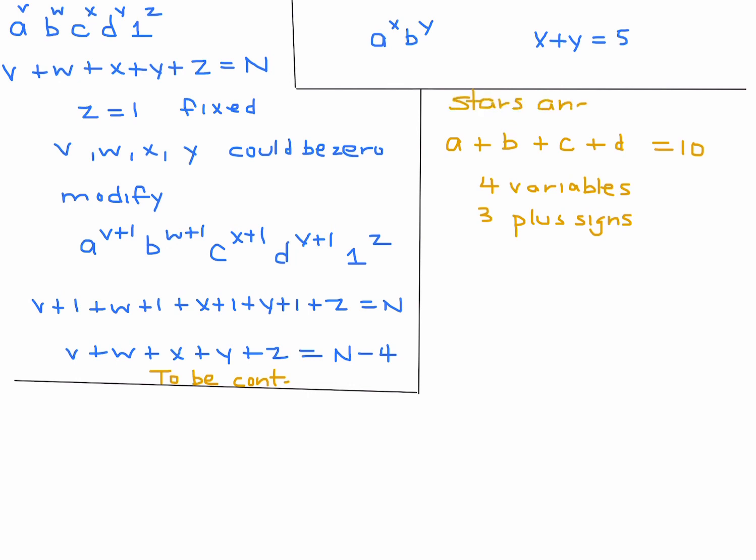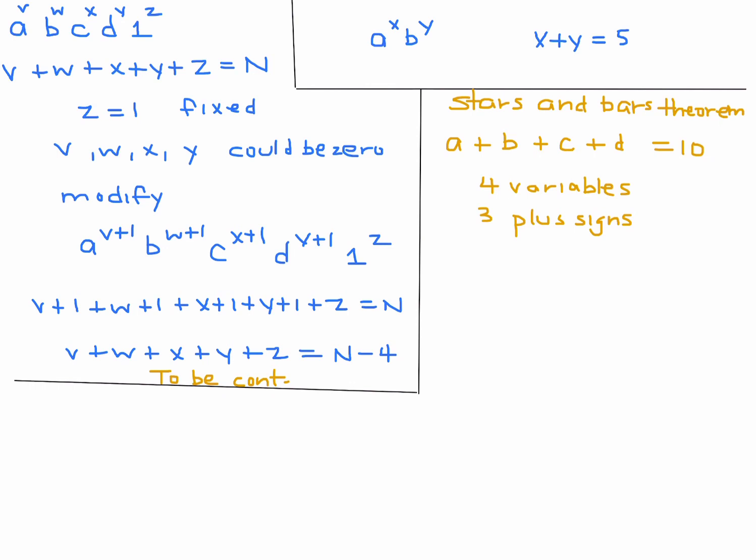It's not extremely popular, but it's called the stars and bars theorem, and it's always good to understand it. So this question, if I asked you how many different ways are there to do this, 4 variables, 3 plus signs, and that equals 10.